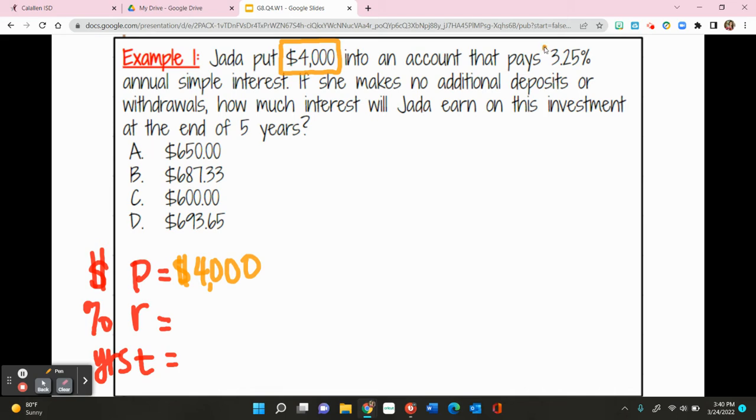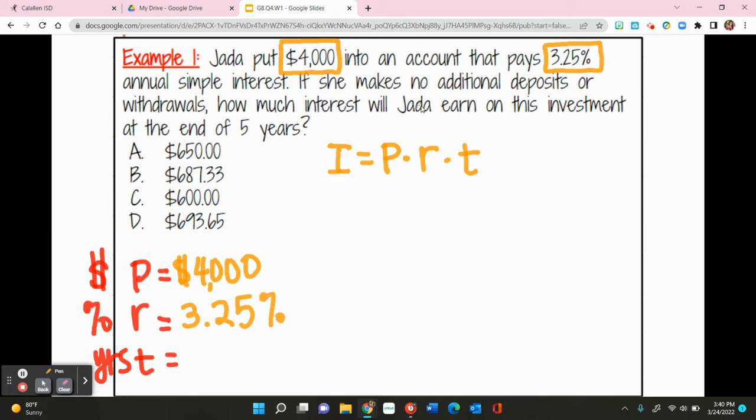Then it says she gets 3.25% annual simple interest. Since it's annual simple interest, we know we need to use the formula I equals P times R times T. Our interest rate is 3.25%.